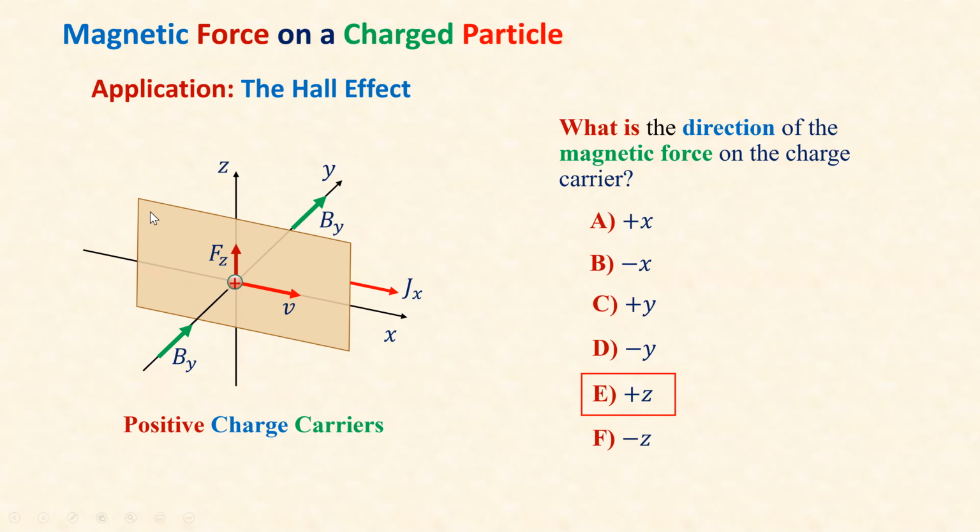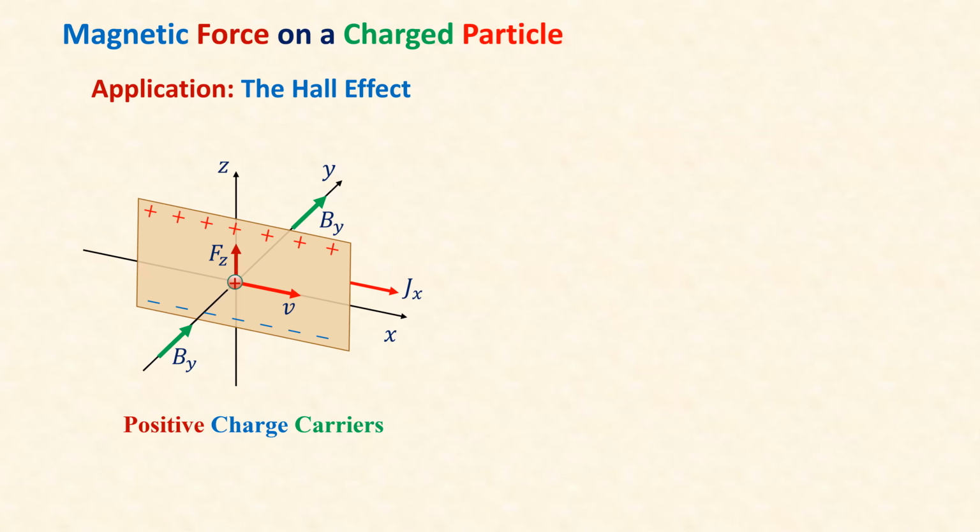The positive charge particles gather on the top of this, and there will be a lack of positive charges in the bottom. So it becomes like this. The top part of the belt becomes positively charged. The bottom part becomes negatively charged.